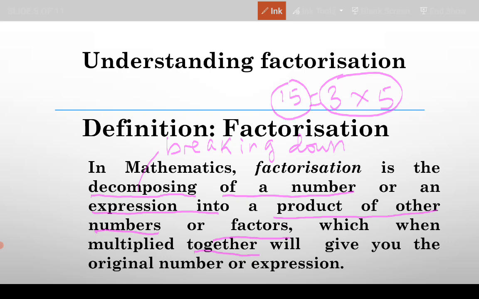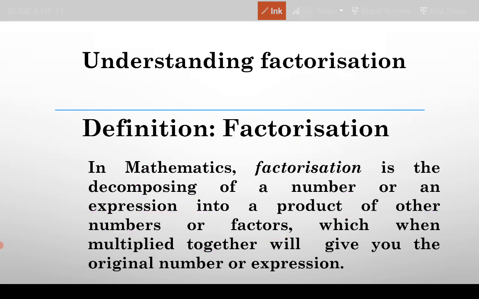Another example of factorization is when you have xy plus 3x. If you look at this expression, there's an x here, and there's also an x here. So this is the same as taking the x out.